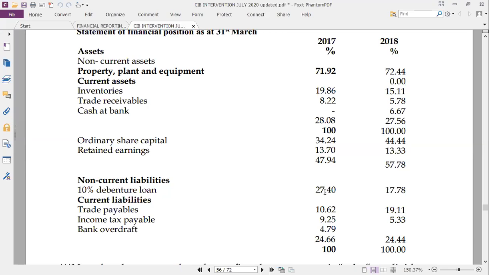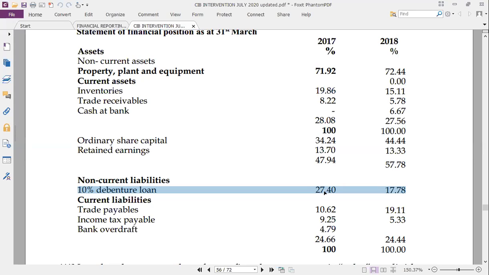So we start again. When you go to the non-current liabilities, the 10% debenture: 27.40% of the total asset is being financed by the debenture loan, proceeds from the loan, in 2017, which decreased to 17.78% in 2018, with the remainder being financed by the current liability.